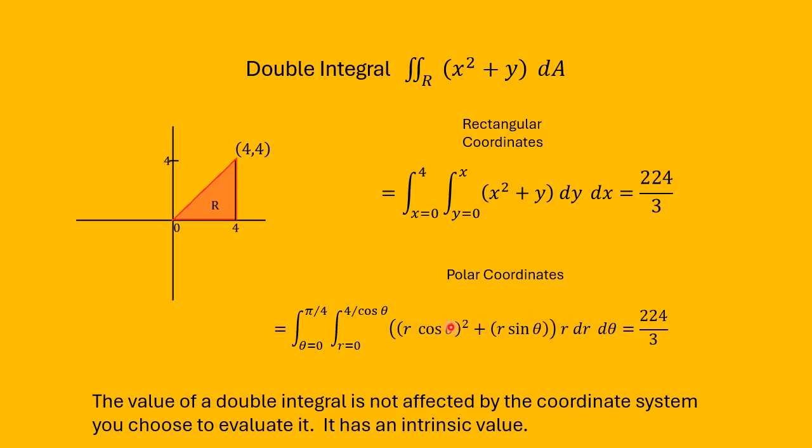And evaluating this took a long time if you're doing it by hand, lots of calculations to do. And in the end, we found out that the value of this iterated integral also was 224 thirds, the same as we have up here.